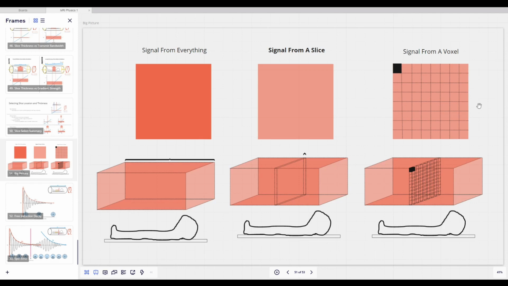Which sounds straightforward, and I think that's the problem, is there's some trickiness that happens, and I want to be able to take the time to explain what's going on, because I think that's where most of the misconceptions arise, is with this step, and this is the phase encoding and frequency encoding step. So that'll be next time.